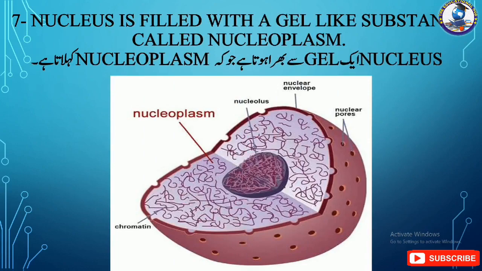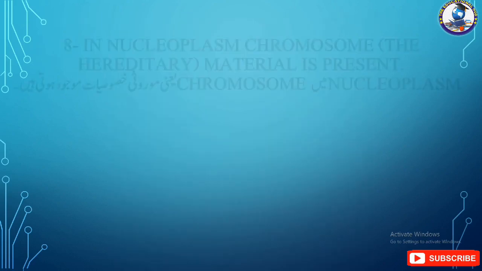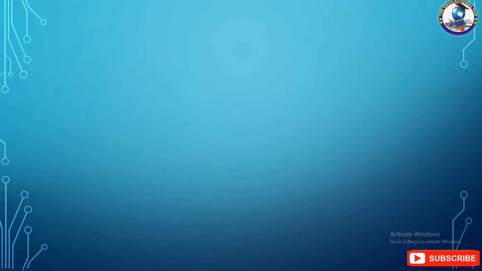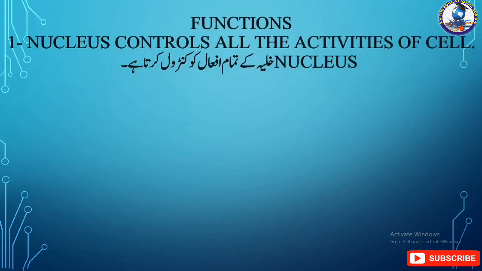Nucleus is filled with a gel-like substance called nucleoplasm. Basically, nucleoplasm contains the chromosome, which is the hereditary material. So that was the structure of nucleus.